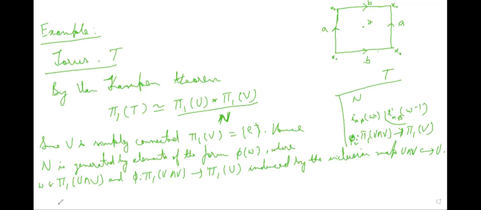Now what is this pi 1 of U intersection V?